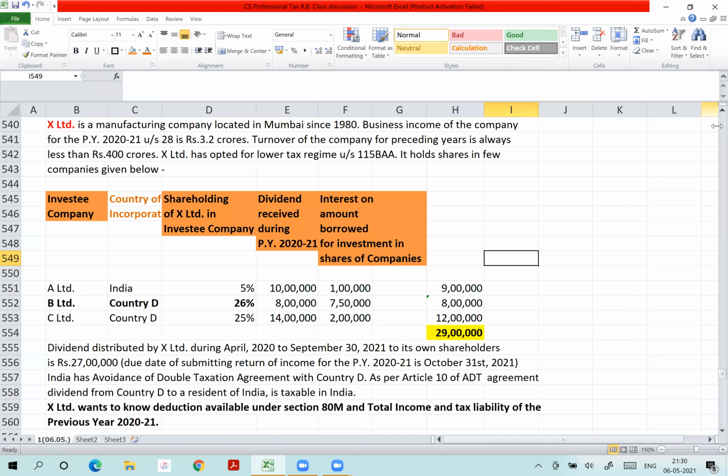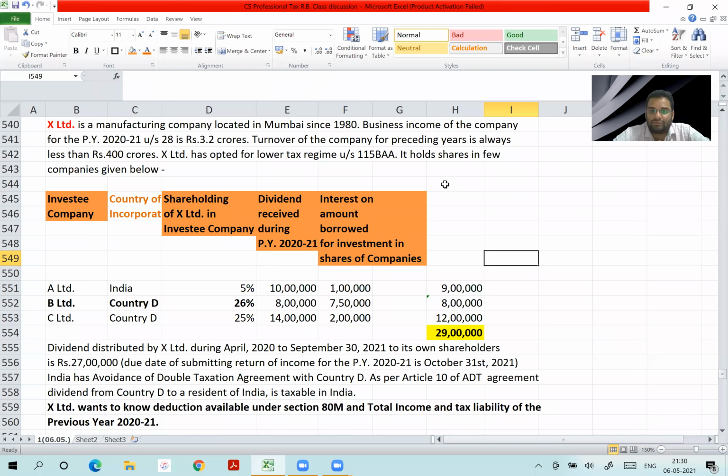Did you understand what they're asking you? Listen now carefully. Be careful. What is your PGBP? My dear friends, what is your PGBP? 3.2 crores. Is there any other head of income? We'll go very much in sequence.